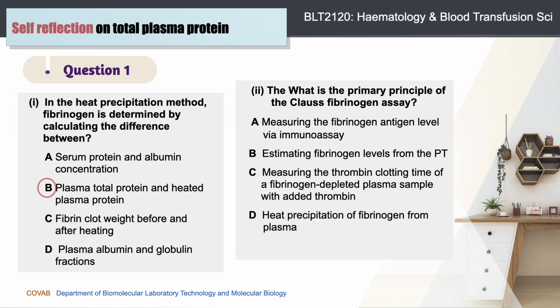Let's look at the second question. What is the primary principle of the Clauss fibrinogen assay? A, measuring the fibrinogen antigen levels via immune assays; B, estimating fibrinogen levels from prothrombin time; C, measuring the thrombin clotting time of the diluted plasma sample with added thrombin; D, heat precipitation of fibrinogen from plasma.